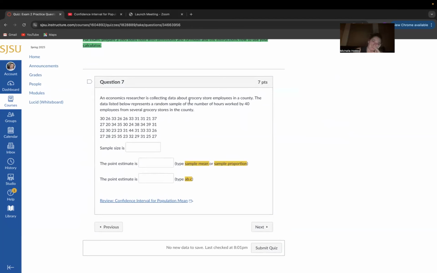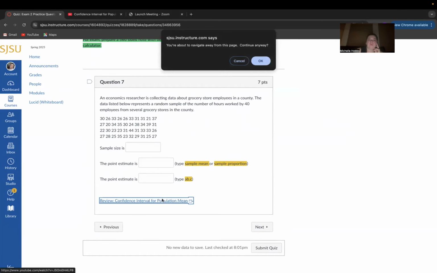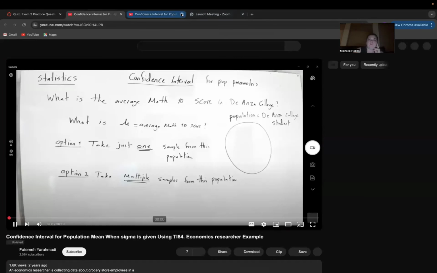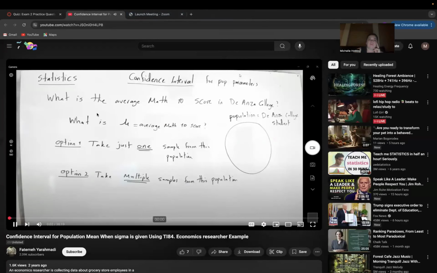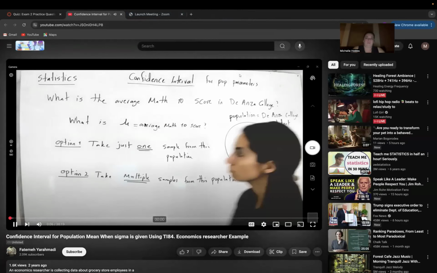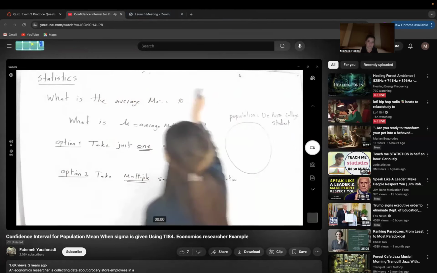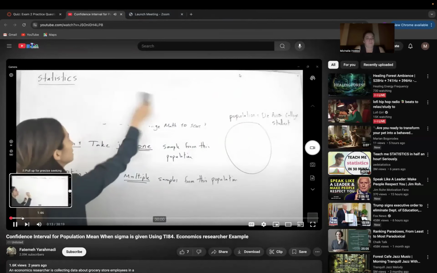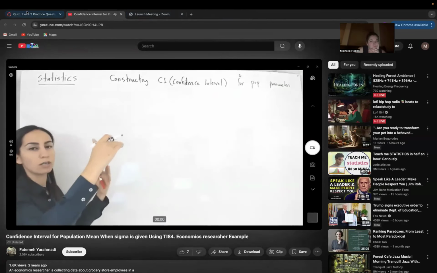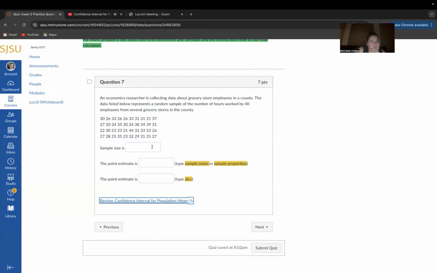Okay, economics researchers collecting data about grocery store employees in a county. The data list below represents a random sample of the number of hours worked by 40 employees. There we go. So we're going to talk about confidence intervals for the population mean.